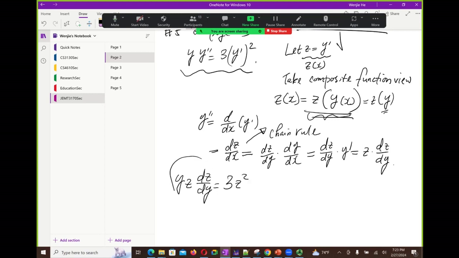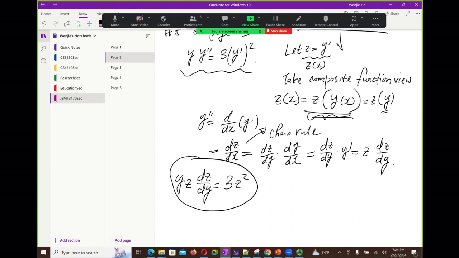Can you see this new equation? Is this simpler than the original? Do you have confidence to solve this one?